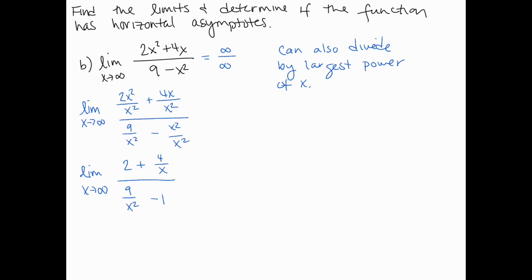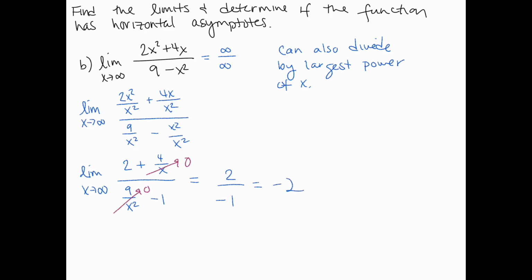The first fraction on the top, the x squareds cancel out, and we're just left with 2. And then the 4x over x squared, we can cancel out an x, we're left with 4 over x. On the bottom, we've got 9 over x squared, and then the x squared over x squared reduces down to 1. So we've simplified each of these fractions, and then we're going to plug that infinity in.